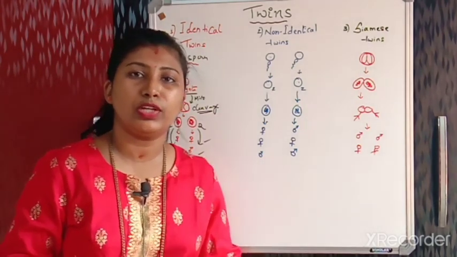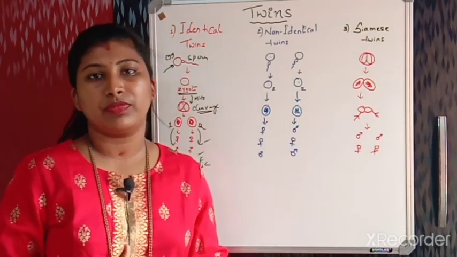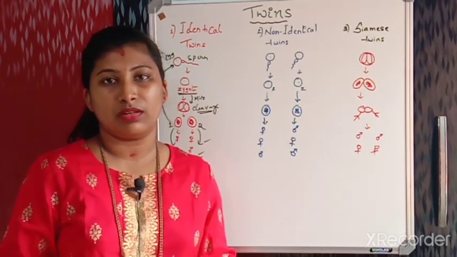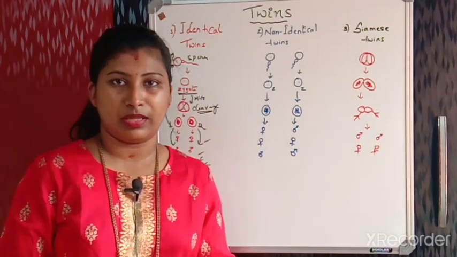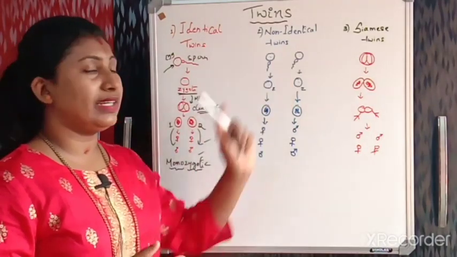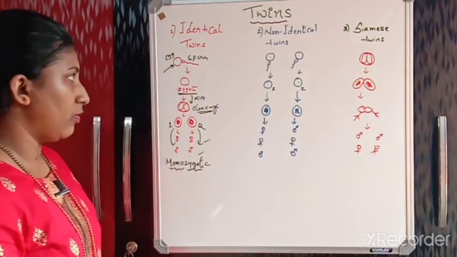If you look at twins, some twins are very similar, they look alike, but some twins are not similar, we can differentiate them, right? Such twins are called non-identical twins. They are not similar. How are they formed?